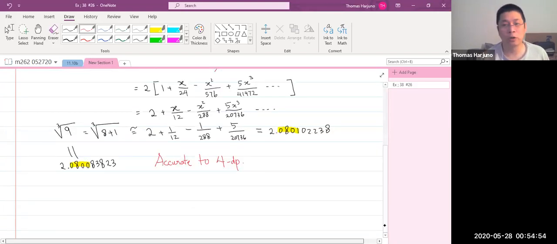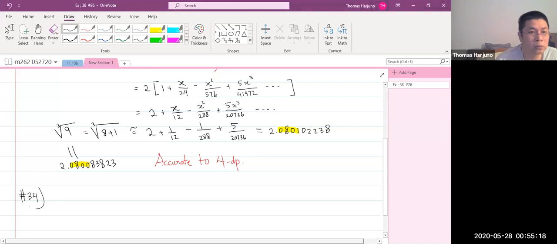Let me go on. Do you have any question you want me to do on this page? Let's say, how about number 34? The question is, again, use the Maclaurin series in table 1 to obtain the Maclaurin series for f(x) equals x squared times natural log of 1 plus x cubed.